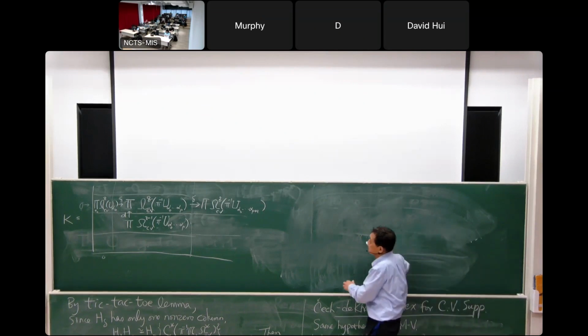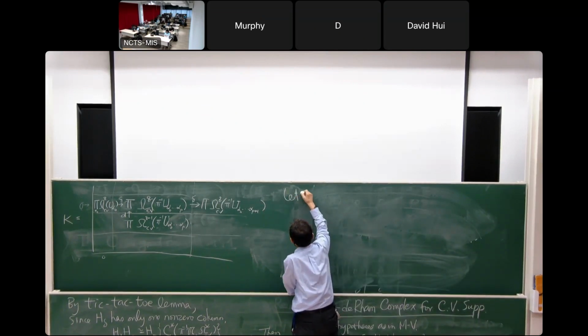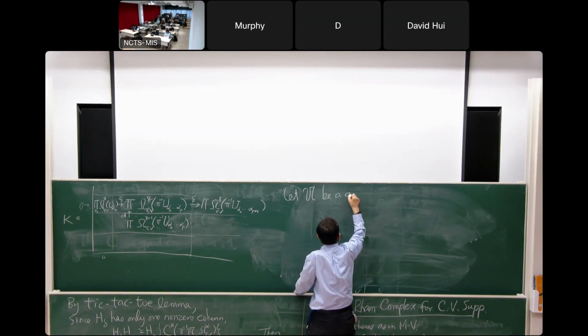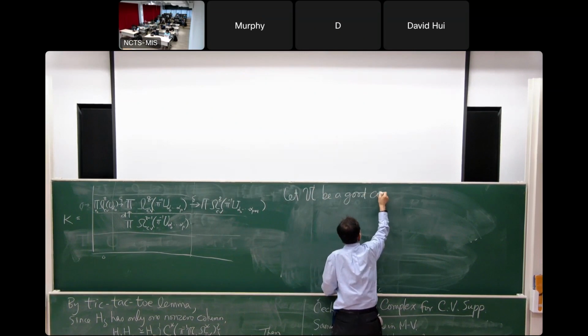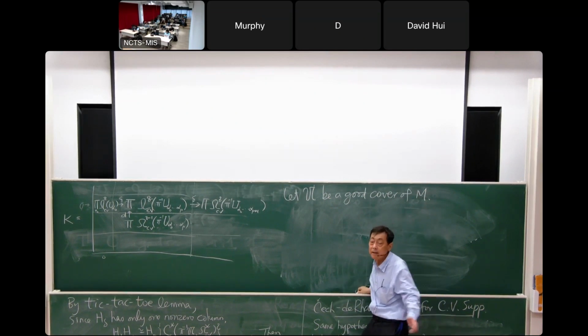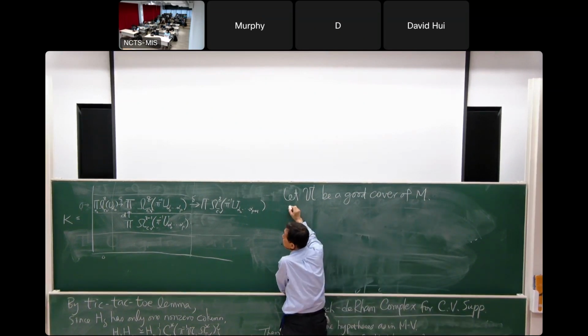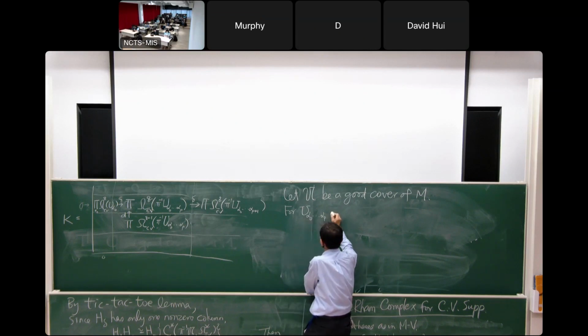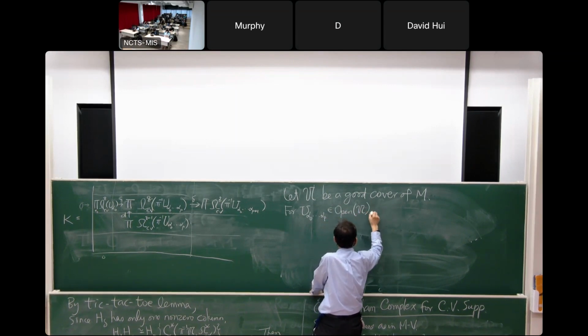Okay. So let U be a good cover of M. And for an open set that's a finite intersection, this could cover.